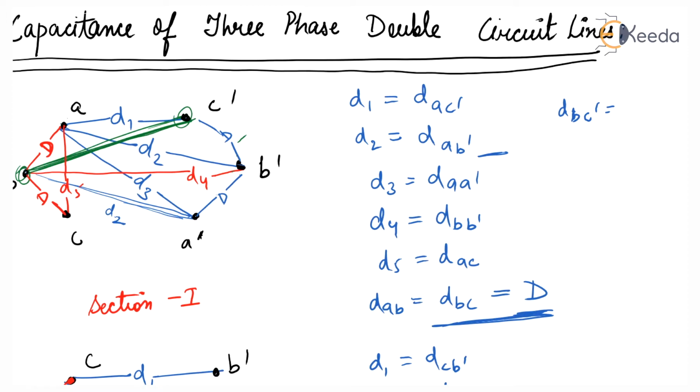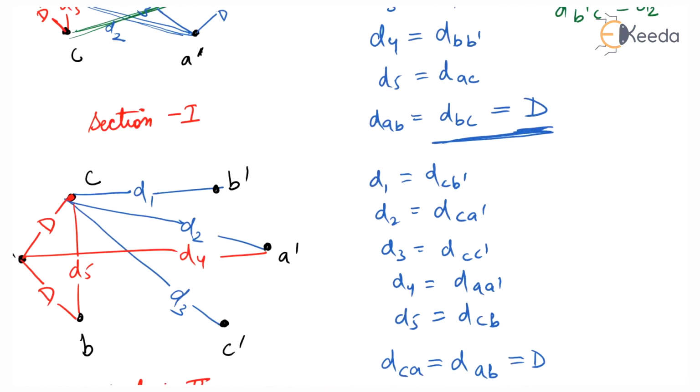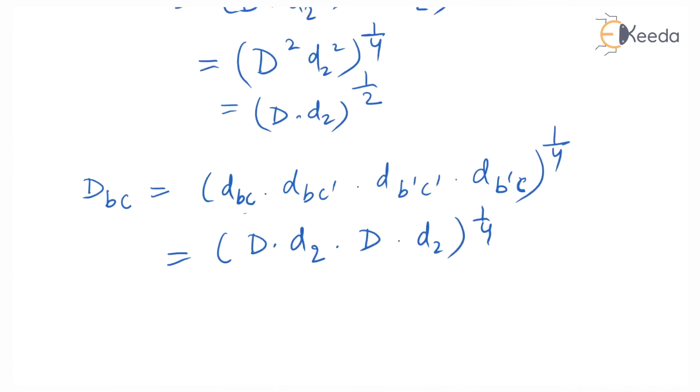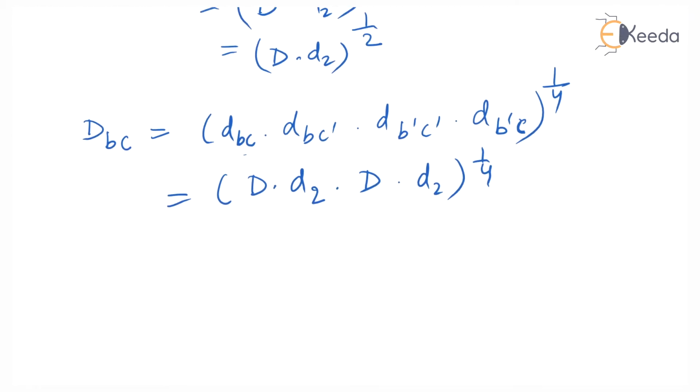Then B dash to C dash is capital D, and the distance from B dash to C is the same as this distance, so this is D2. After putting the values, we get d square into d2 square to the power 1 by 4. So this is equal to d into d2 to the power 1 by 2.